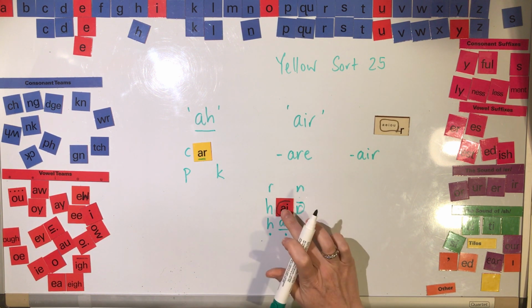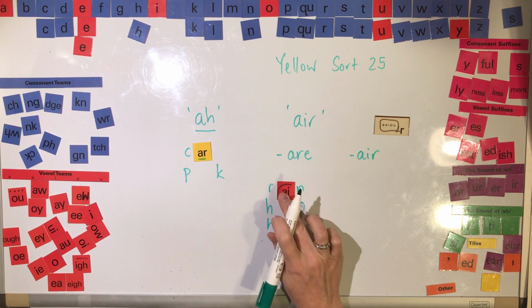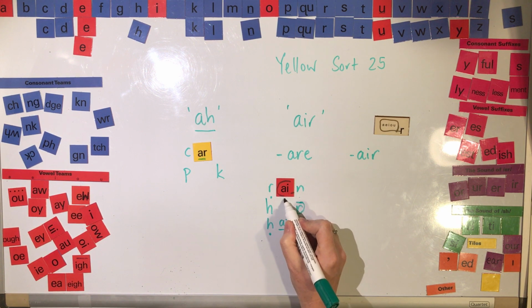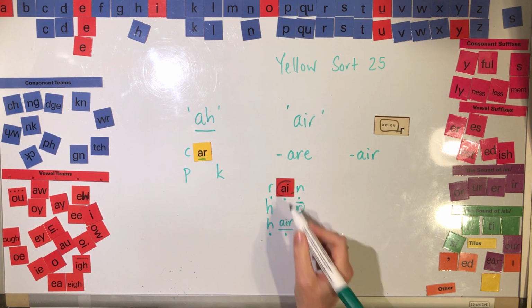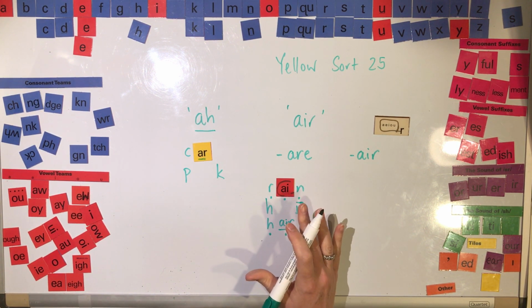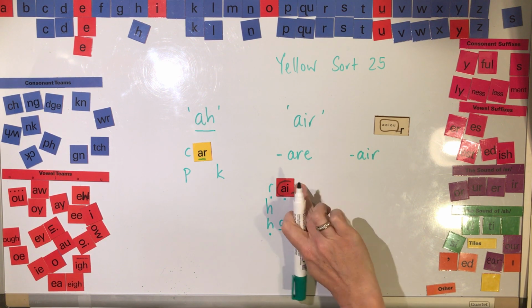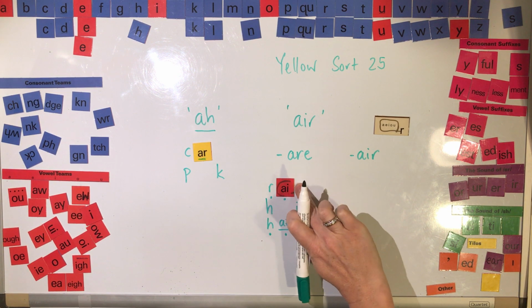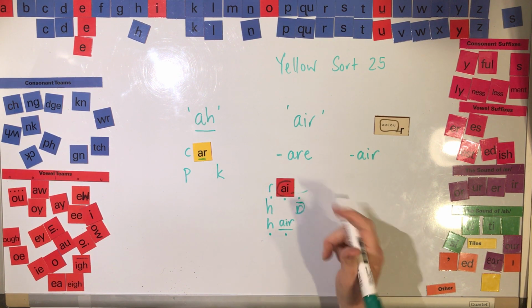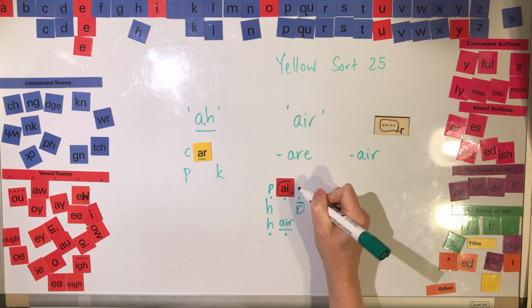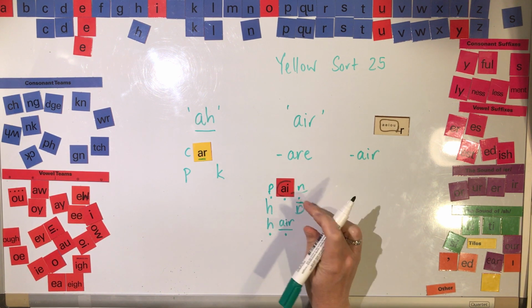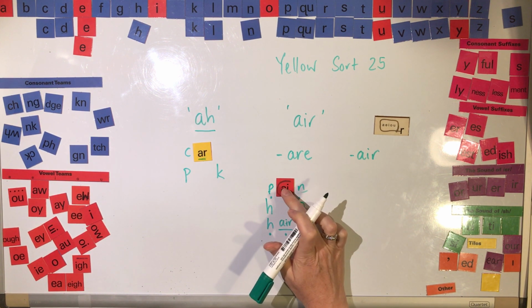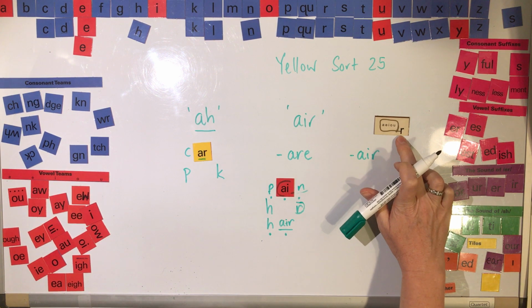But we could have this up here, and that says r, a, n. So the N doesn't attach itself to the AI, and no other consonants do. We could have r, a, ul, or p, a, n. So we have all these consonants that can follow this AI, but R is a rascal.